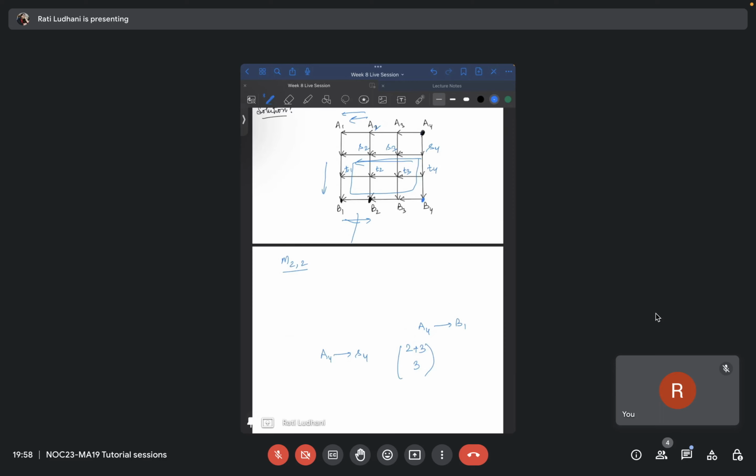So that is 3 plus 3, 6, choose 3 in total. Very good. So you can directly calculate A4 to B1, which is just all the paths.